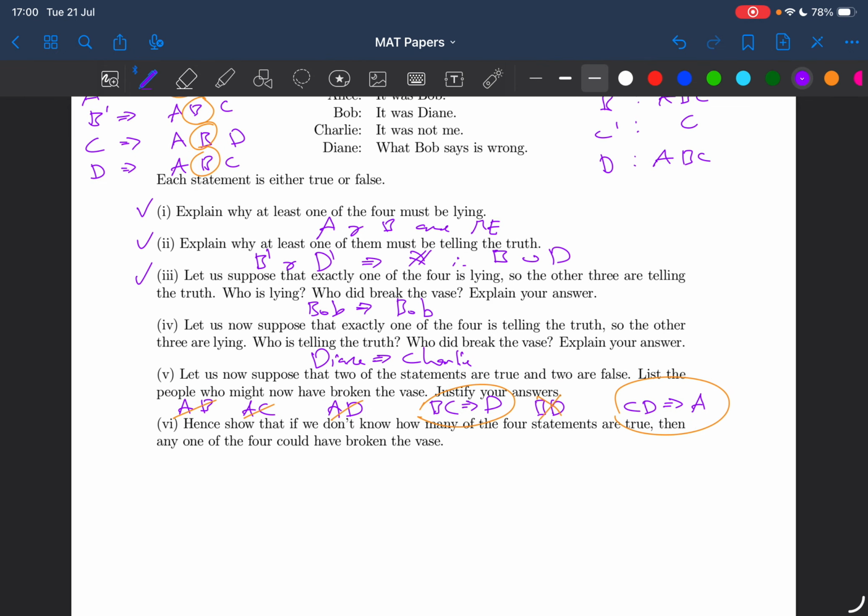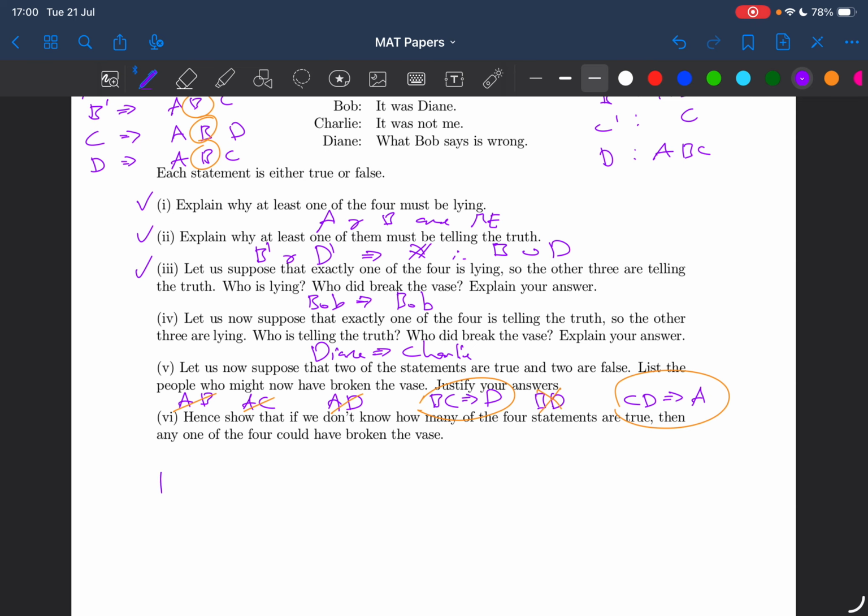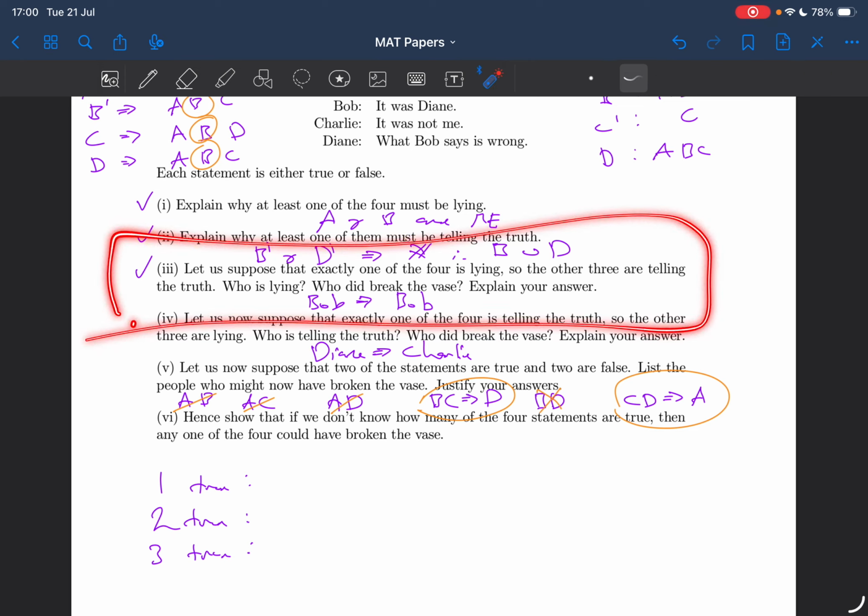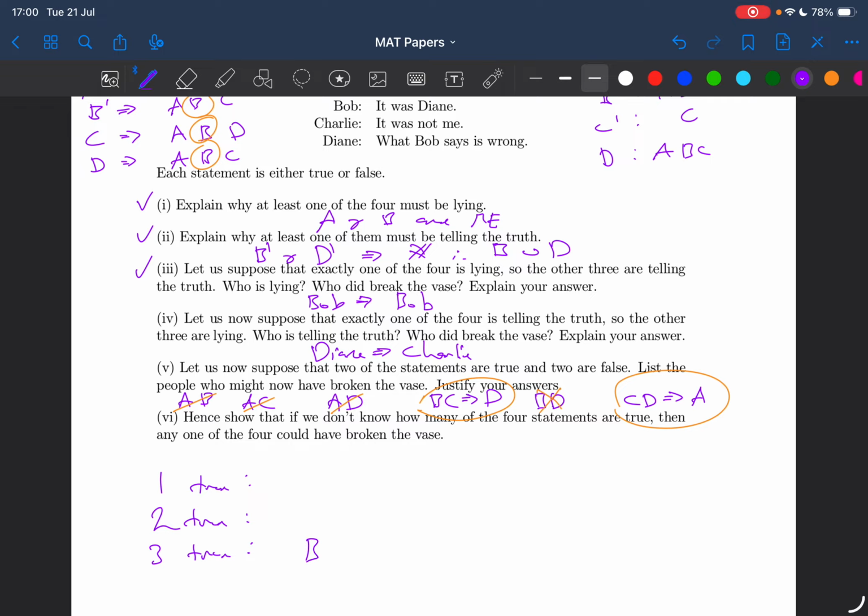So if we have one true, two true, and three true, who could have possibly broken it? Well, if exactly one of the four is lying, so three are being true, Bob breaks it. If we have one of them telling the truth, then it was Charlie.